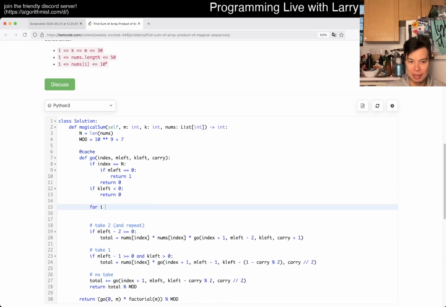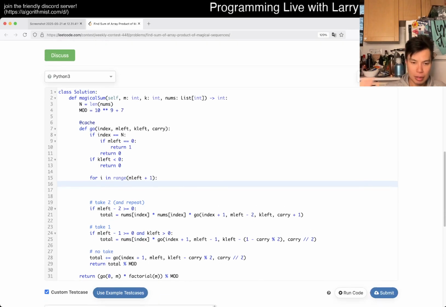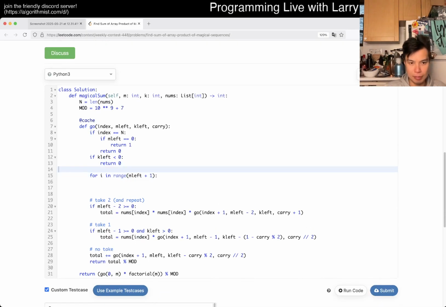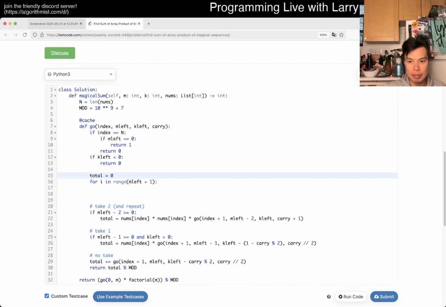But okay, for I in range of m left plus 1, we have the power of num sub index to the I power, keep it in mod power, times go of index plus 1, m left minus I, k left.